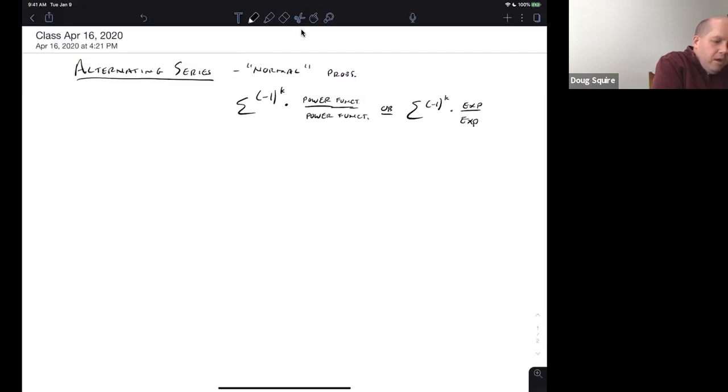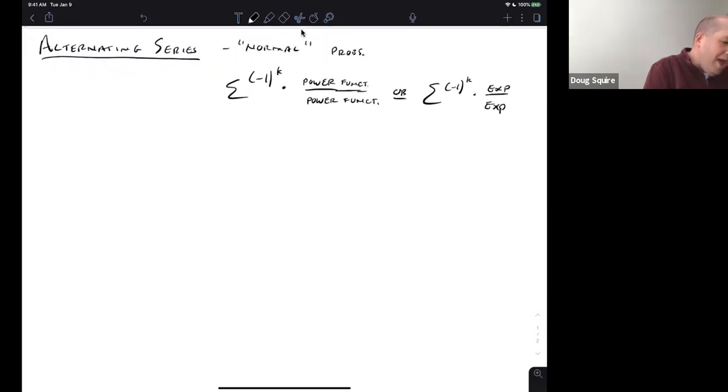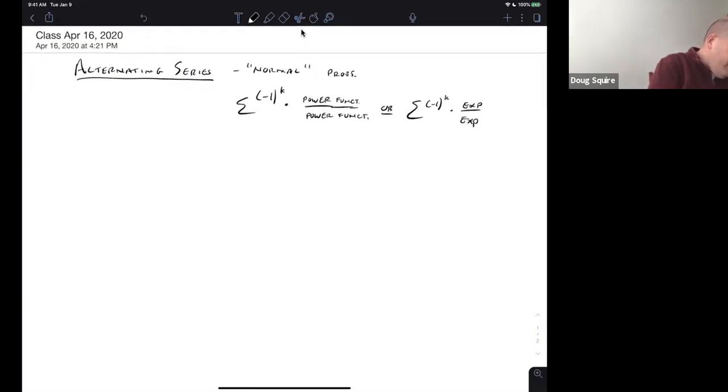So when it's -1 to the k and then everything else is all the same type of function, that's the type of series we were dealing with yesterday. And they follow three basic formats. You have the series at the beginning, the sum of a_k, and you split it into three parts.